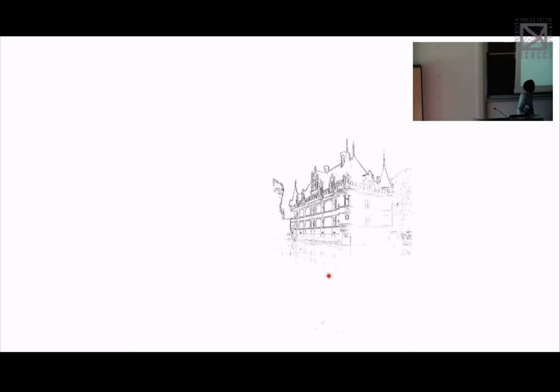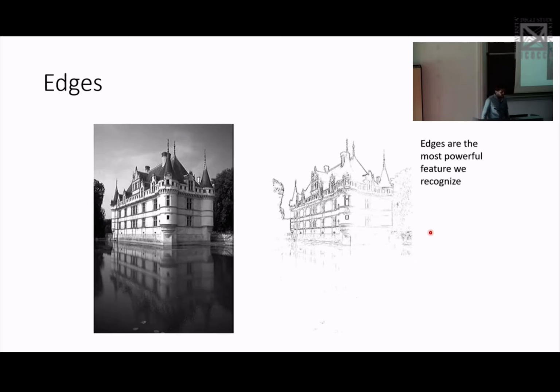Here we have a reflection, so we understand that there is water, probably a lake, that does a reflection. But actually, this is not a pencil sketch. This is just the mathematical gradient of the intensity of this image. These are what we can call the edges of the image.